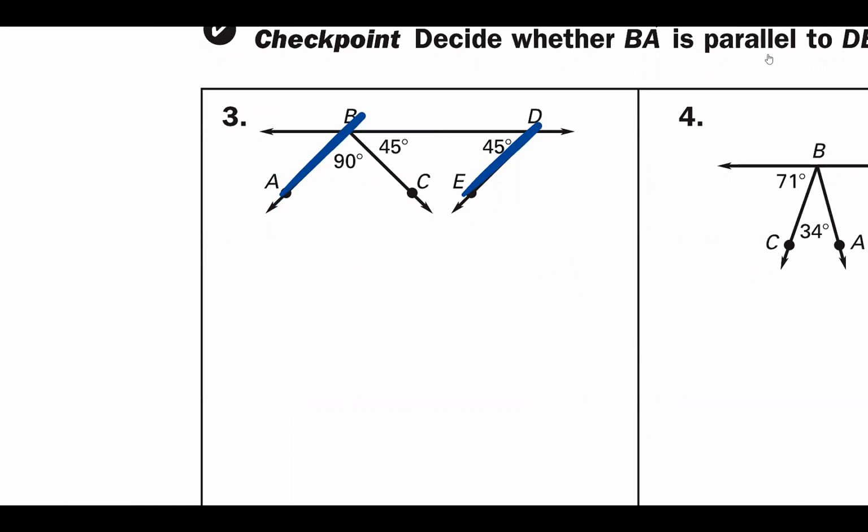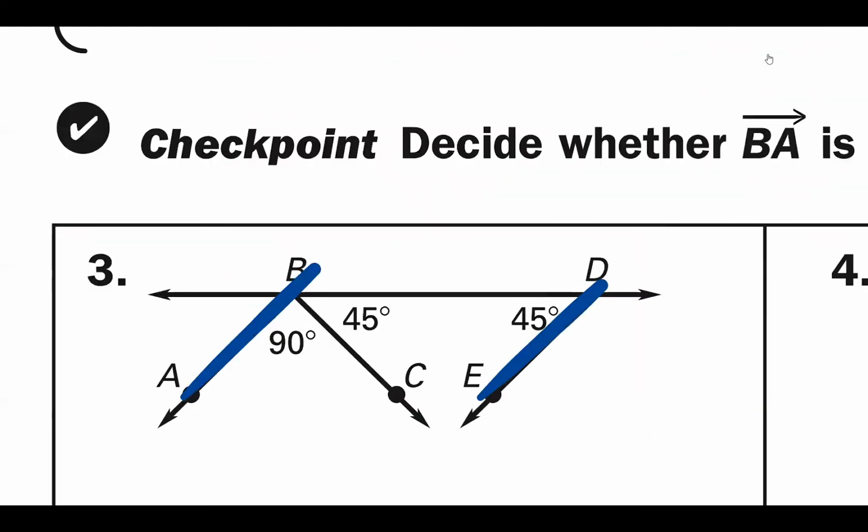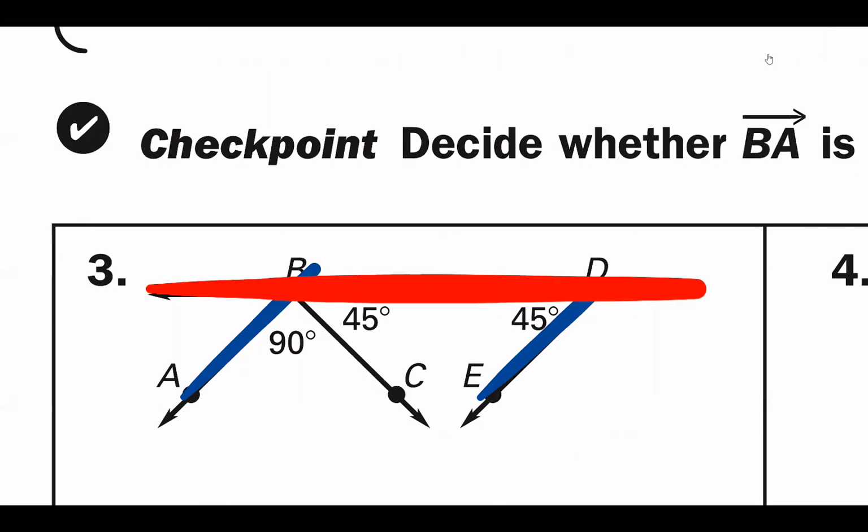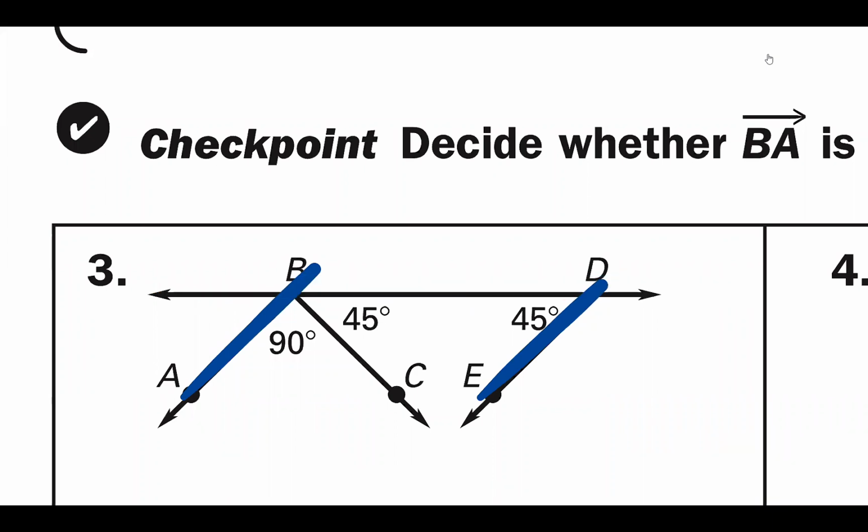So in order for, what rule do you guys want to use? I'd probably go same side interior. How come? Why would we be same side interior? He's just messing with you. But this is our transversal right here. Yes, so that's our transversal.